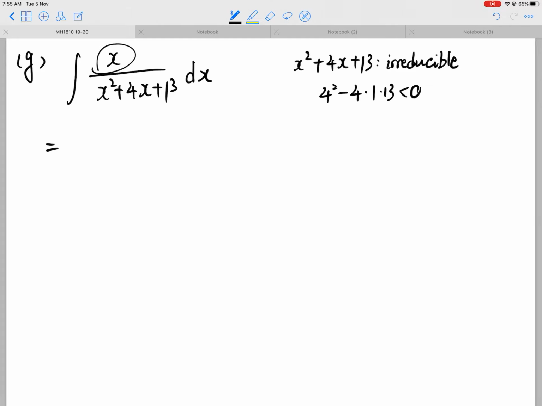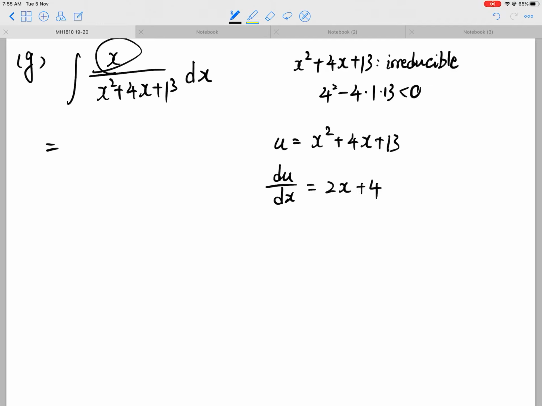Alright, if the top is a constant, it's much easier. We can do as what we do in part F. But the top is x. I don't want this x, right? So let's see what we can do. If we use the substitution method, du over dx is going to be 2x plus 4.